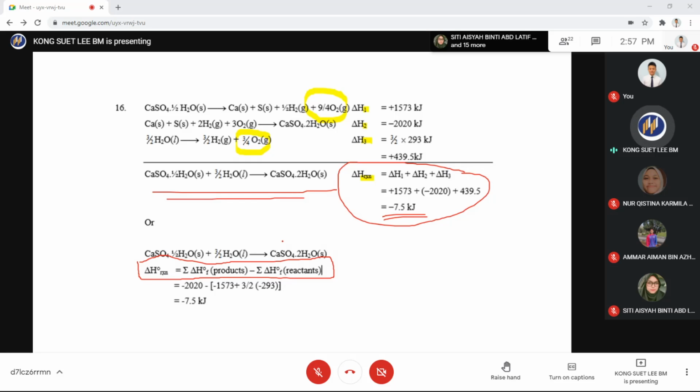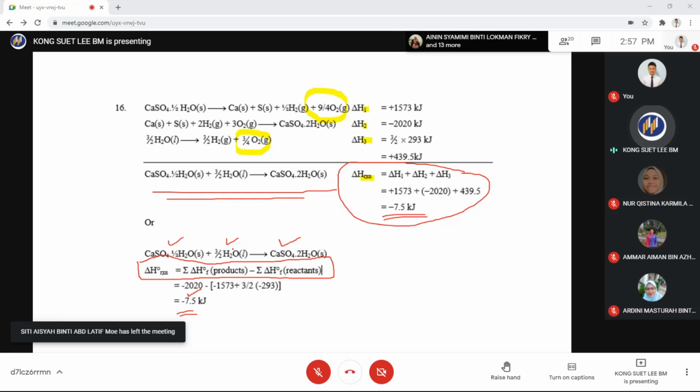So the enthalpy of formation of product, calcium sulfate, with negative 2020, minus the enthalpy of the reactants for these two. And then you get the answer, negative 7.5. So this is another method to solve this problem.